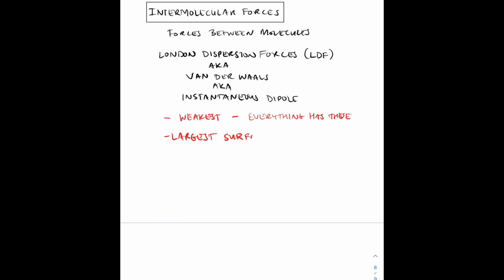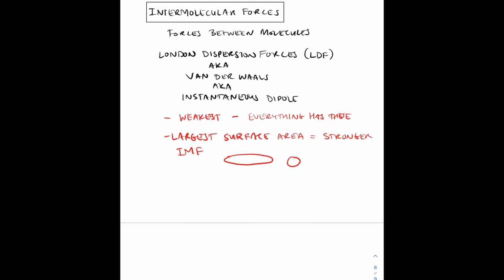Largest surface area equals stronger intermolecular forces. So IMF, intermolecular forces. Okay. And that would be like a molecule that's long and skinny versus just circular like that.